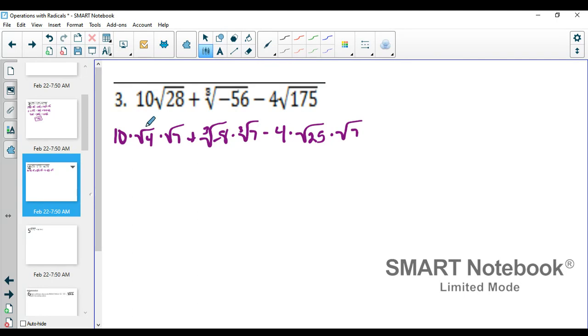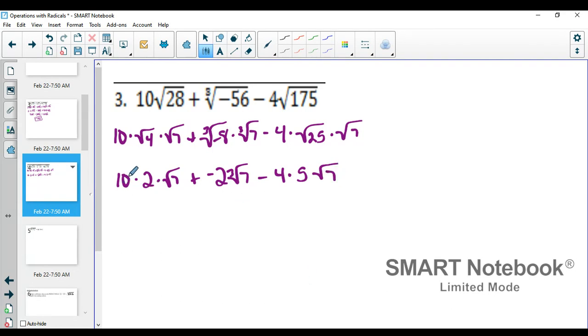So let's go through and simplify our radicals. The square root of 4 is 2, so we have 10 times 2 times the square root of 7. And the cube root of negative 8 is negative 2, so we have negative 2 times the cube root of 7. Then minus 4, and the square root of 25 is 5, so times 5 square root of 7.